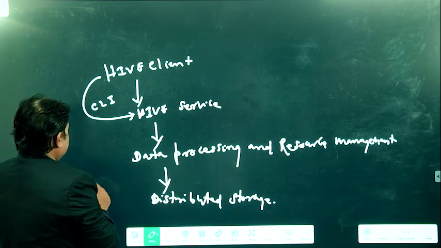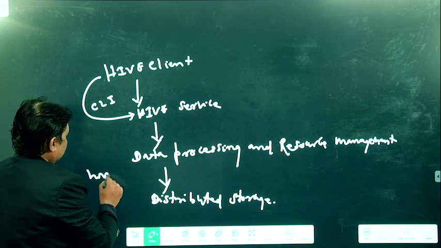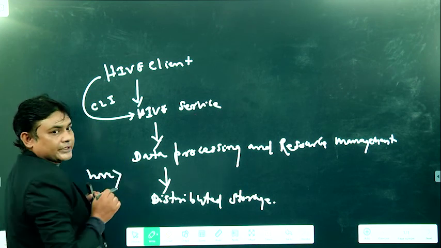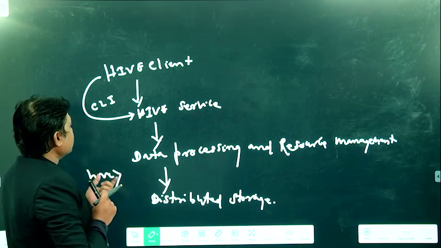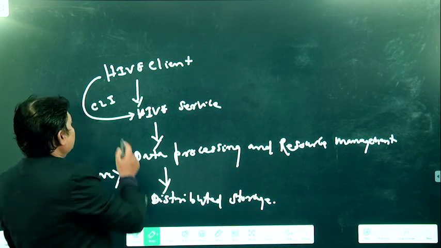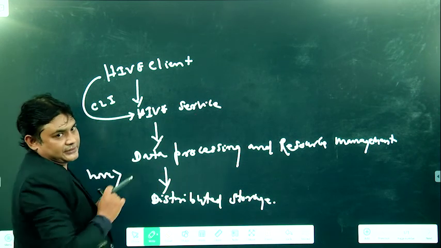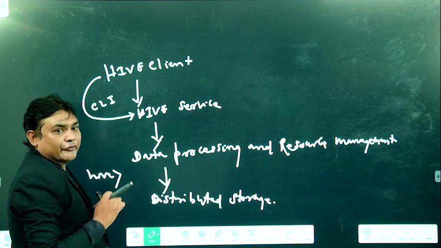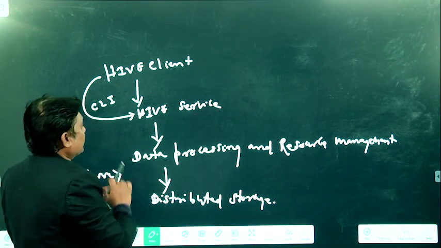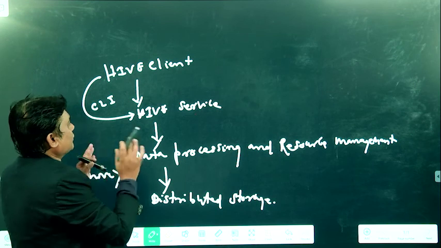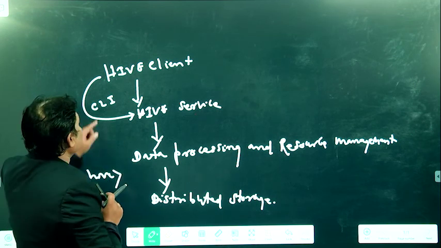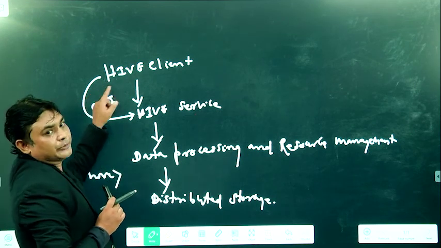So if I write just hive and press enter, you are entering into the shell of Hive. Through this, we interact and avail the Hive services. You can create a table, load data into a table, and do all the operations in Hive. For that, you are going to use a Hive client.